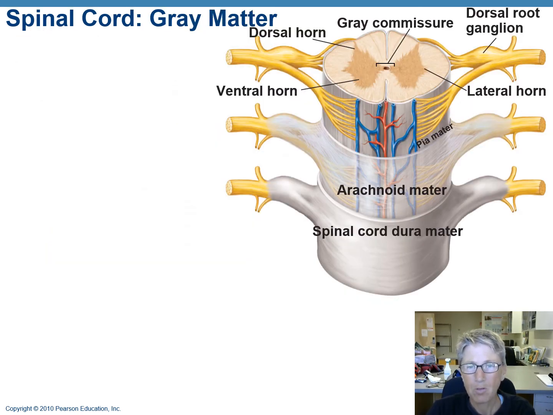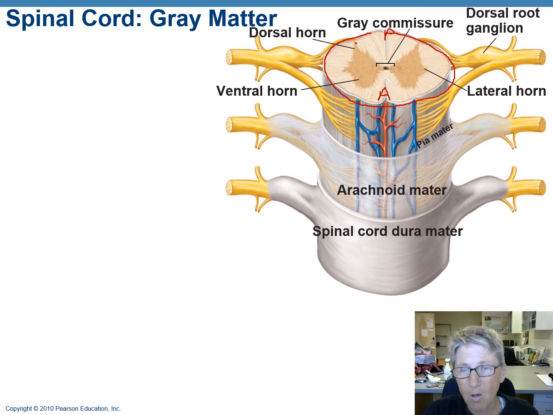Okay, so let's take a look at the gray matter and the white matter in the spinal cord. So obviously here's the spinal cord. This is a cross section of the spinal cord. This is anterior, so I'll put an A, and then this is posterior back here, so I'll put a P. And you can see that in the spinal cord, the gray and white matter are arranged differently than in the brain.